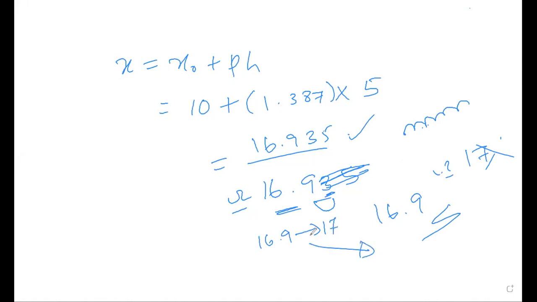For example, in chemistry, or even in the food industry, for the chemical, if for 16.9 we use 17, it will be a big mistake, isn't it? It will ruin your health. So you have to be very, very careful.